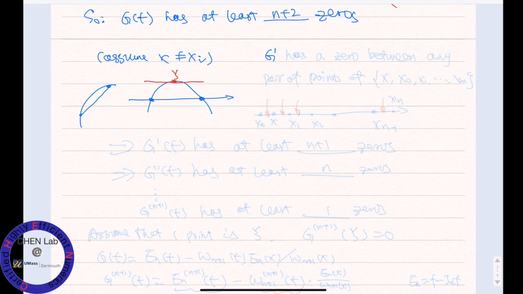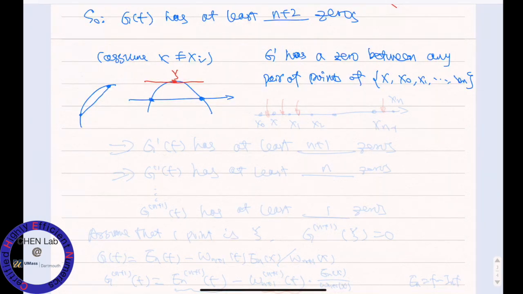The g prime, again, g prime is a function, the derivative of g, has a 0 between any pair of points of the set, x, x0, x1, xn. You take any pair because of that theorem, we know we can find a 0 in between.